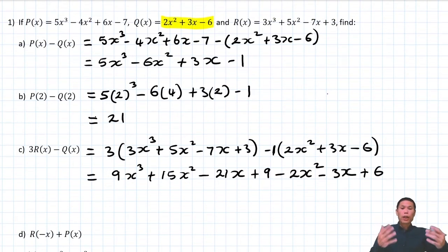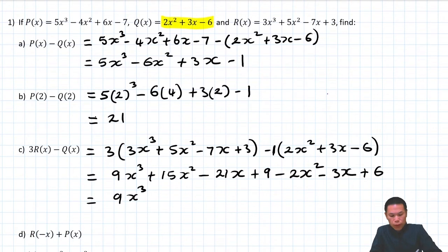Now we can just collect like terms. 9x to the power 3, and there's no other term that's alike, so we just write it down. So which is 9x to the power 3. Then we have 15x squared here, and we have 2x squared.